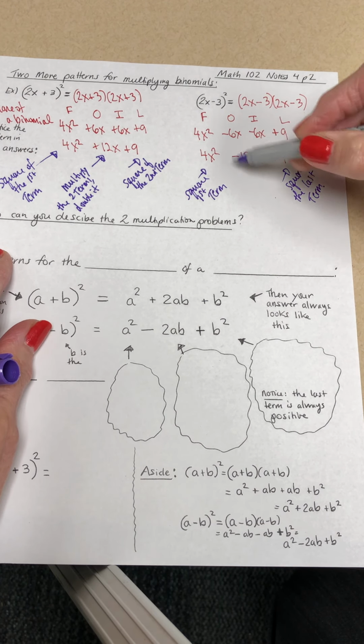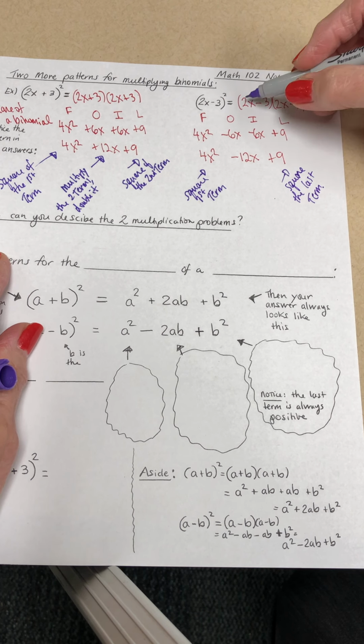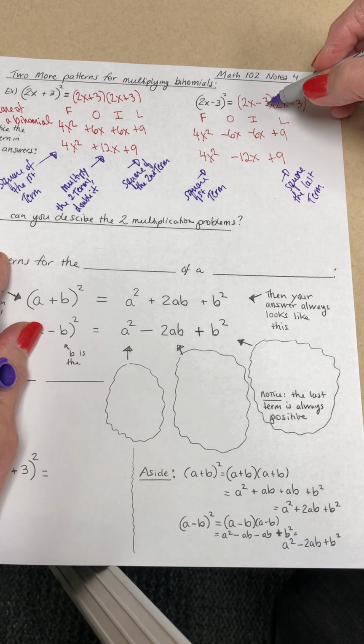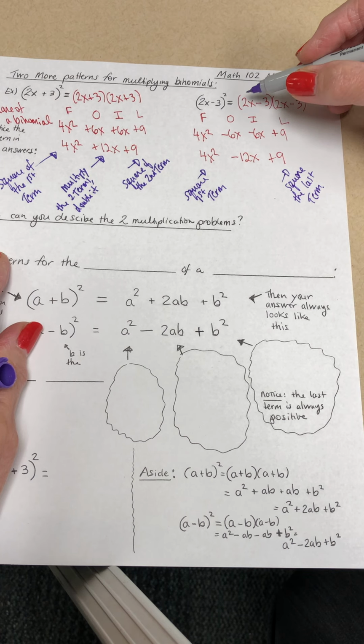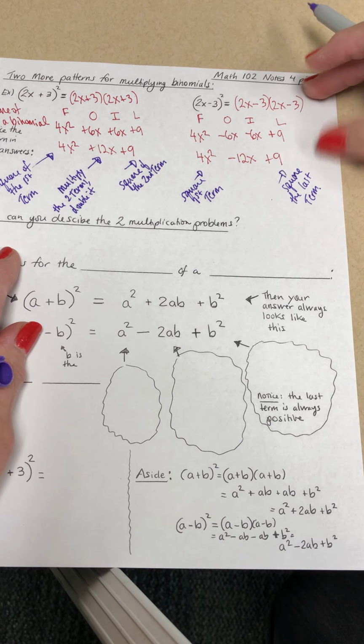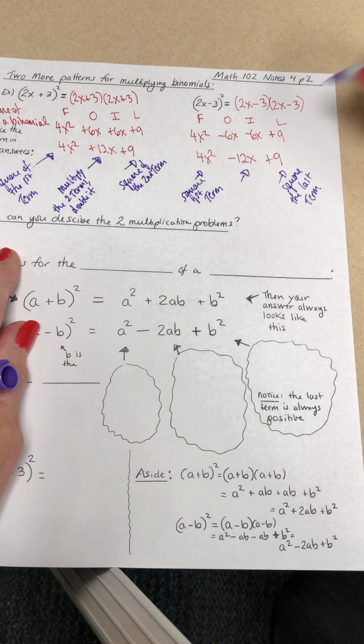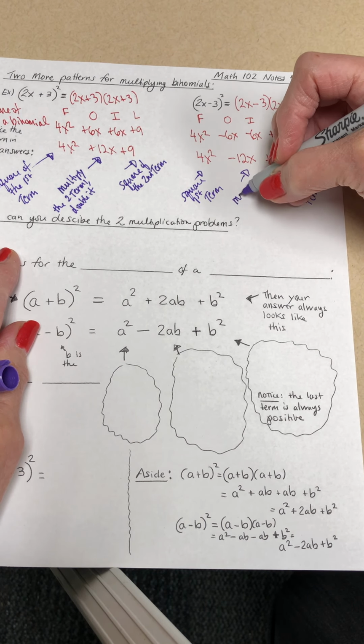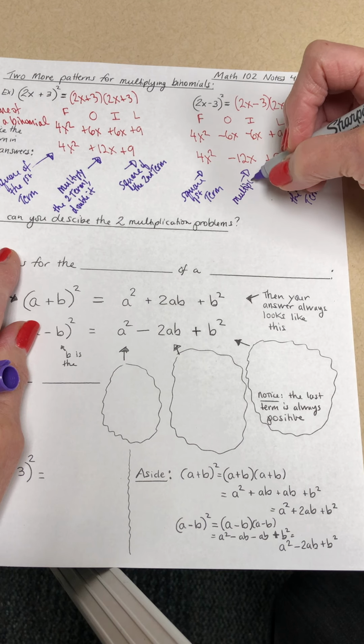And then again, that middle term is like taking 2x times a 3, 6x, doubling it. Or you could think 2x times negative 3, because that's going to produce the negative there. But number-wise, it's just multiply the two terms, double it, and watch your signs.